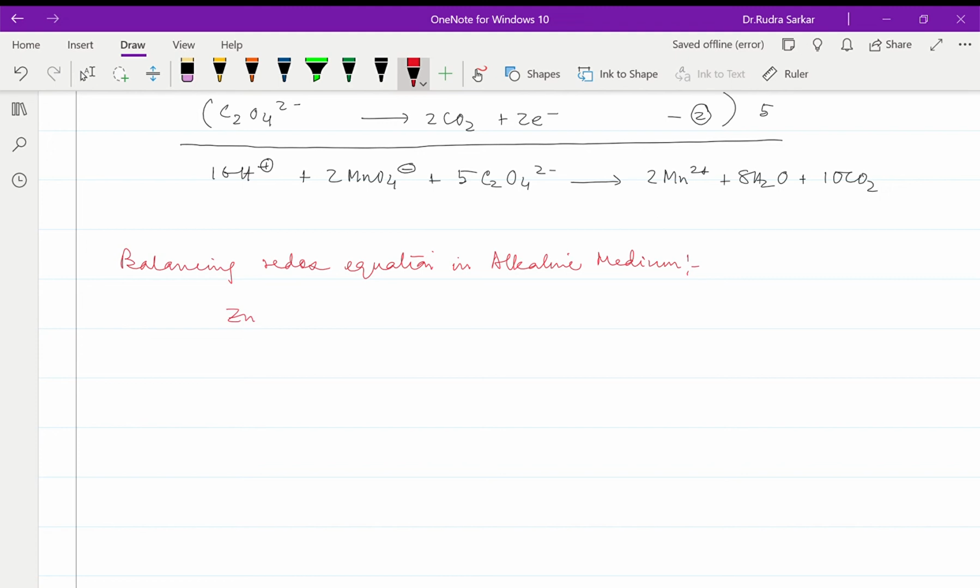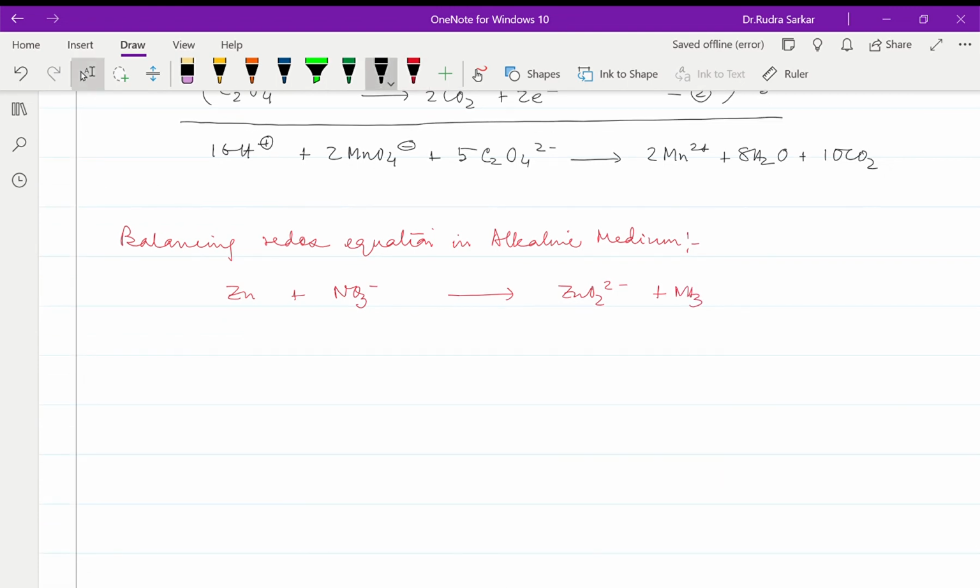They have given you Zn, NO3-, ZnO2 2-, NH3. Okay, and they're saying this is occurring in alkaline medium.